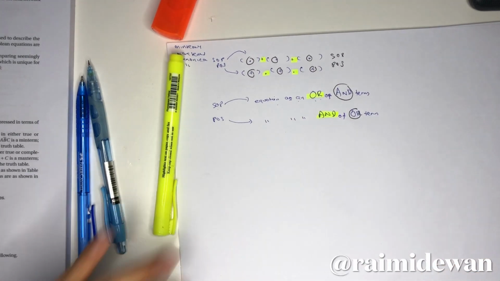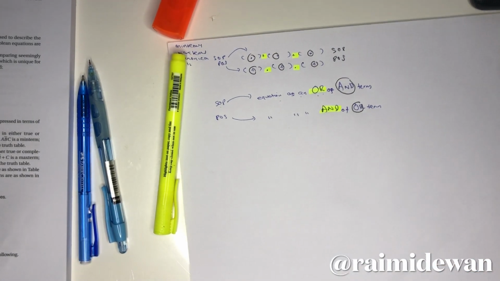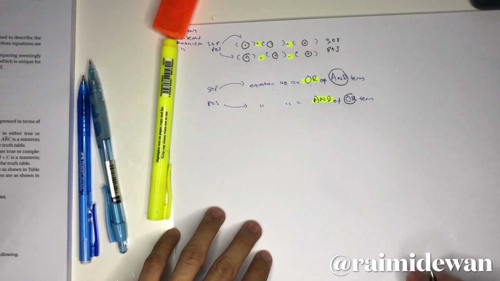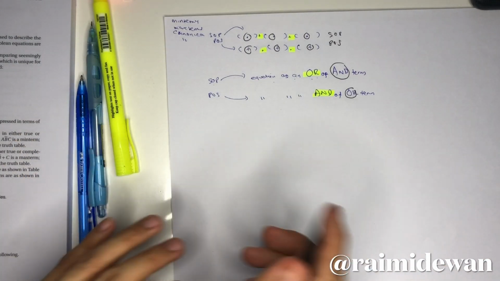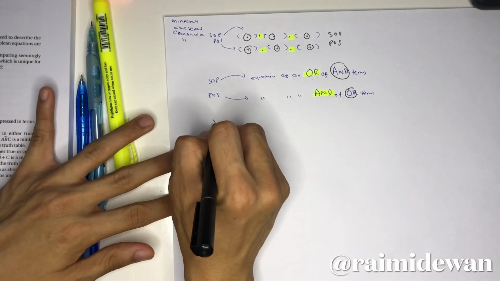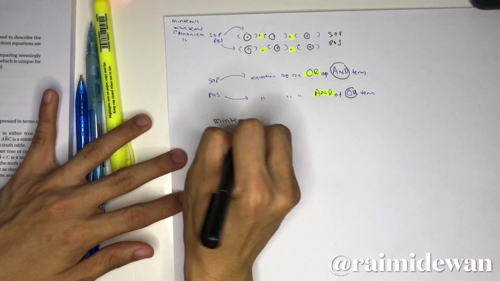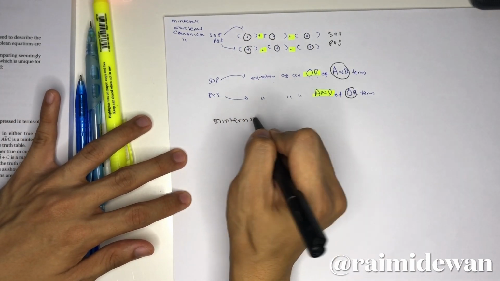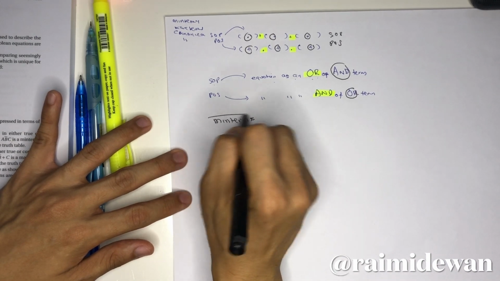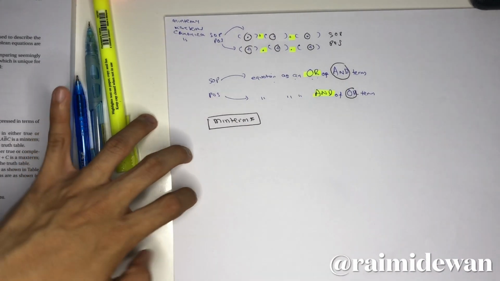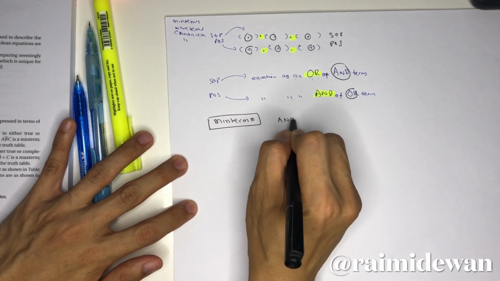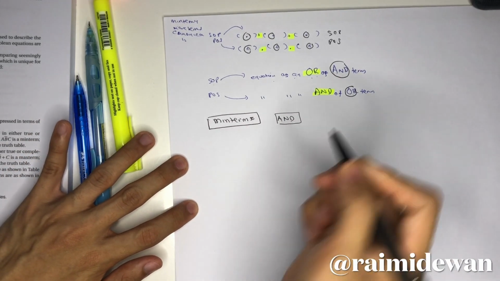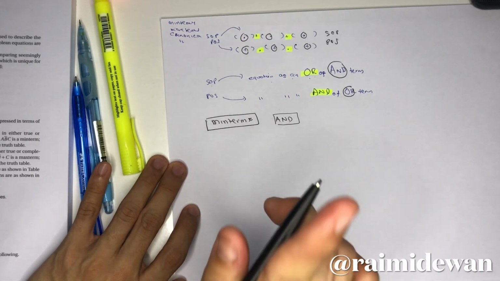Then we go to the next term. This one is quite easy, I hope you understand. Now we go to the minterm. What is a minterm? A minterm is an AND term with each variable present.